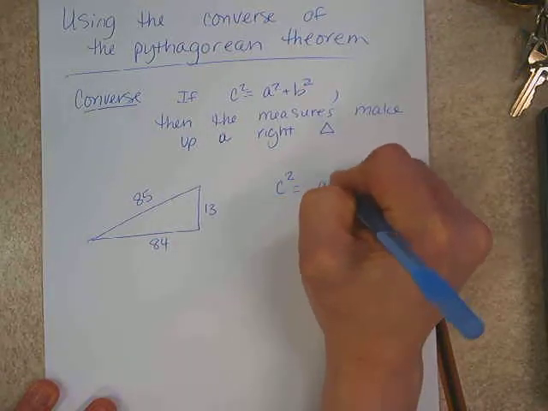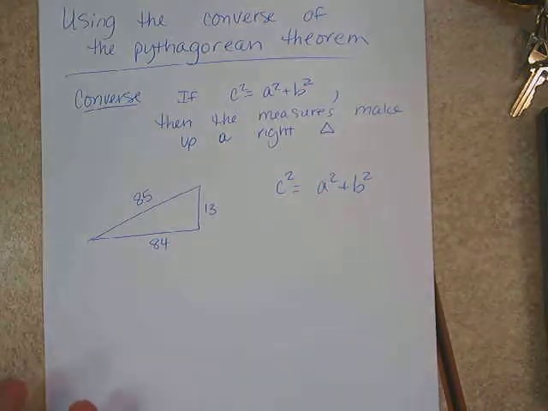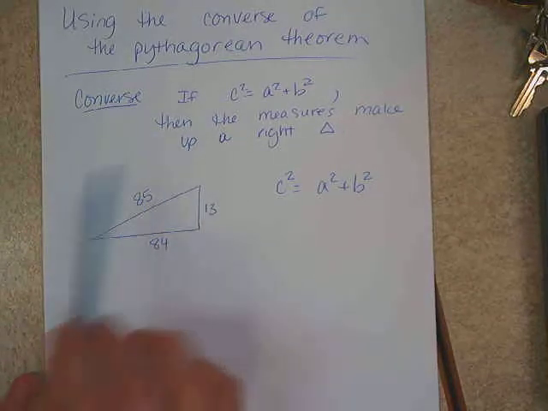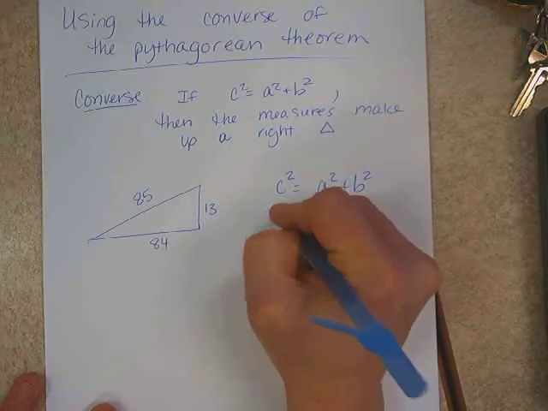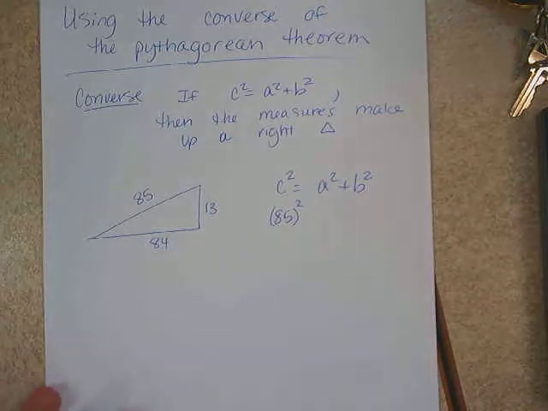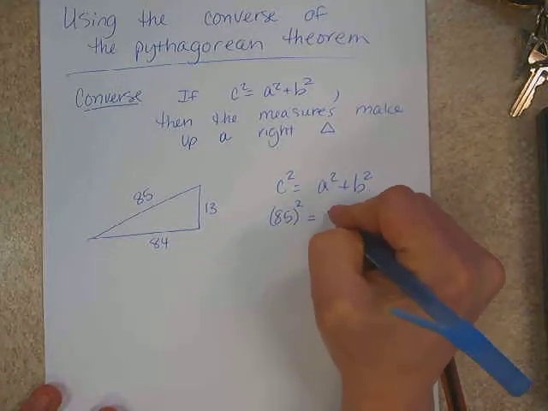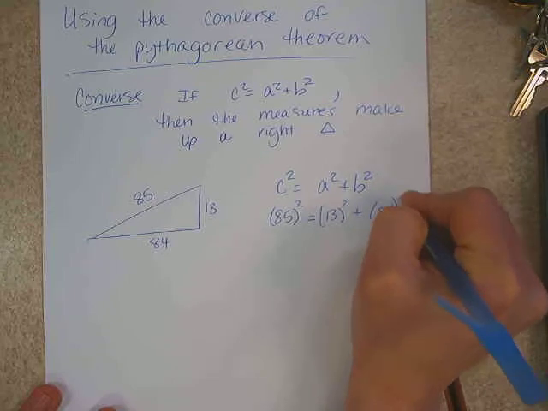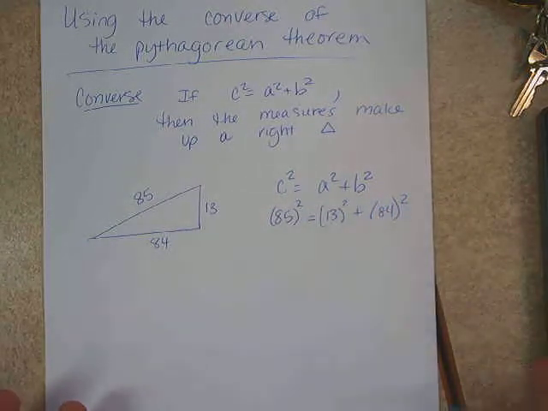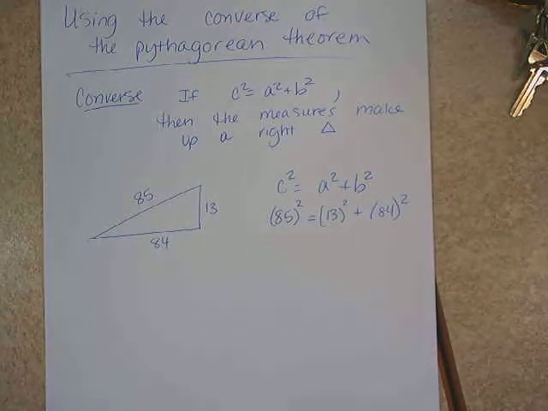So remember, we said we were using c squared equals a squared plus b squared. The important part of this is that c is put in the correct spot. So which of these would be c? 85. So you're basically going to test this and say 85 squared hopefully equals 13 squared plus 84 squared.